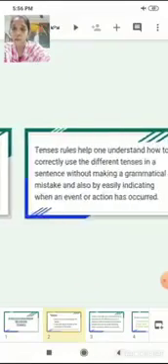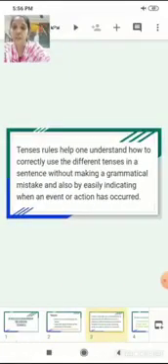Tenses rules help one understand how to correctly use the different tenses in a sentence without making a grammatical mistake, and also by easily indicating when an event or action has occurred.